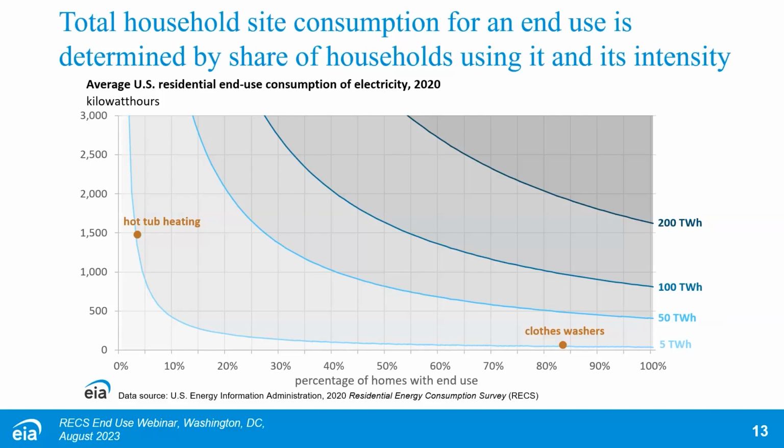Less than 5% of households have electric hot tub heating, but hot tub heaters use much more energy on average than clothes washers. So even though clothes washers are used in almost 85% of households and electric hot tub heaters in less than 5%, they're both contributing about the same amount of electricity consumption to the total because electric hot tub heaters are much more energy intensive than clothes washers.